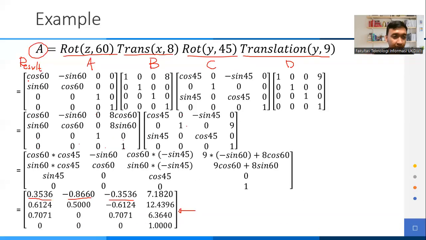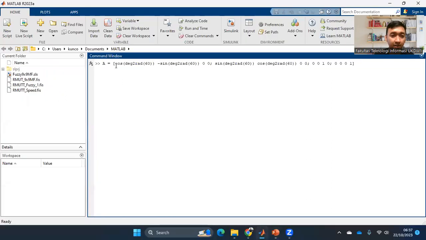We can check this transformation matrix. We input this transformation matrix to MATLAB. Cos 60, minus sin 60, 0, 0; sin 60, cos 60, 0, 0; 0, 0, 1, 0; 0, 0, 0, 1. But here in MATLAB we should use the function for degree to radian for our degree here.